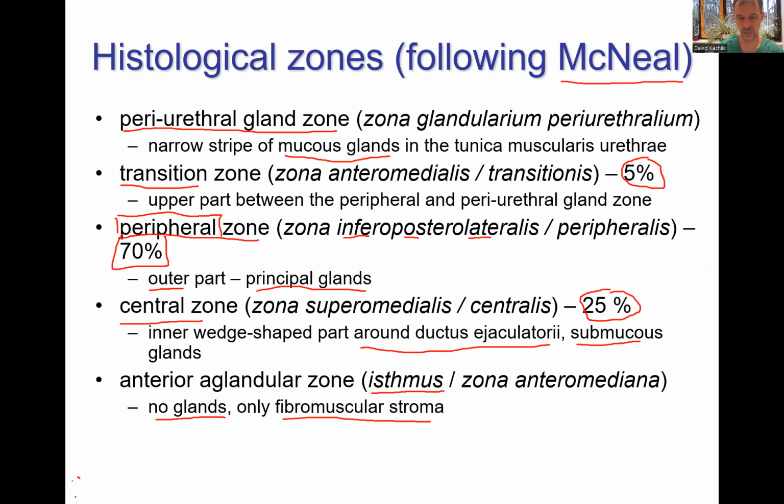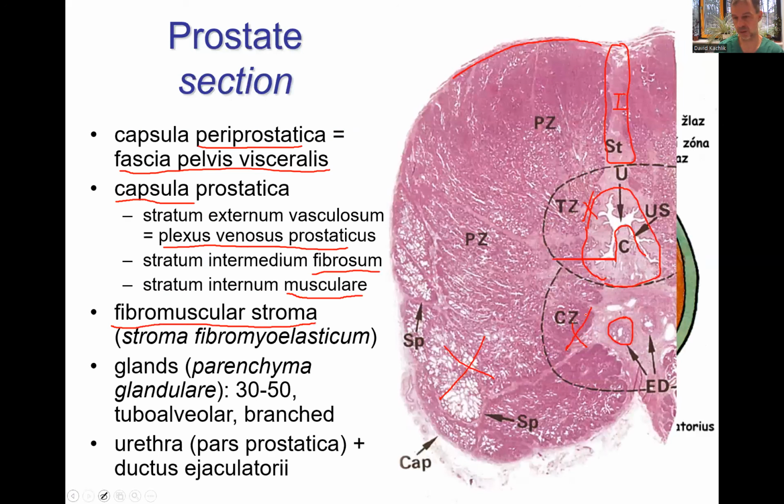So when we come back here, you can see the central zone and the transitional zone. So the difference between them is just the location. The central zone is located dorsally and cranially, just at the level of ejaculatory ducts. When we come a bit below, there is no central zone, then it's only the transitional zone.